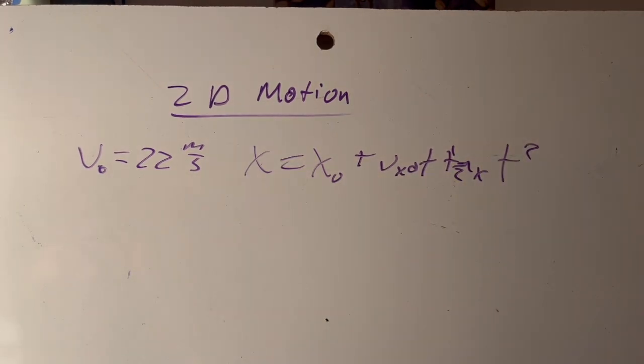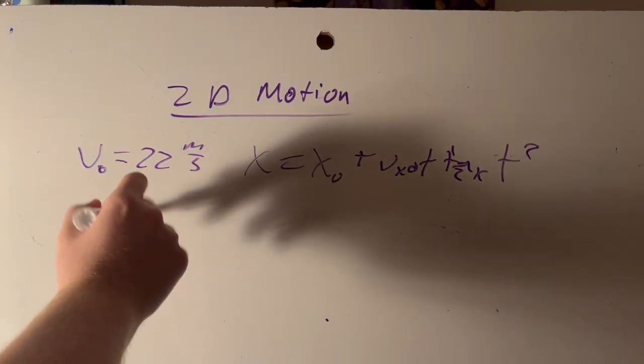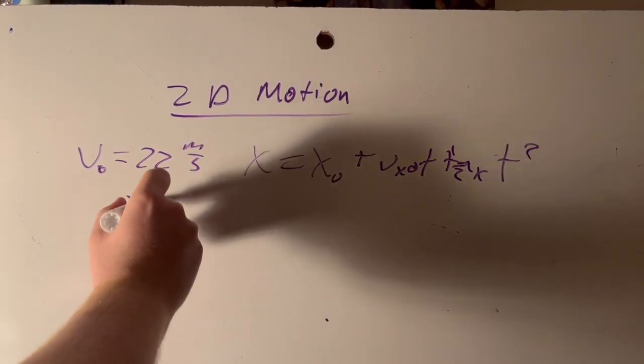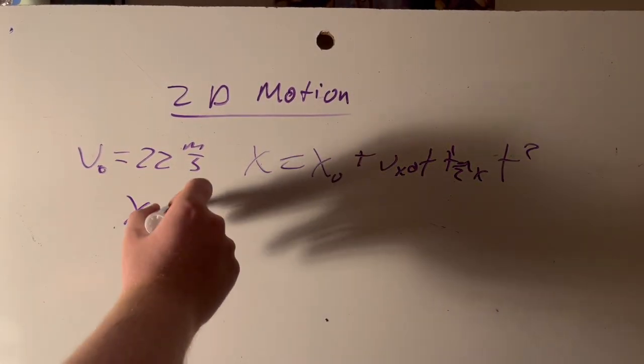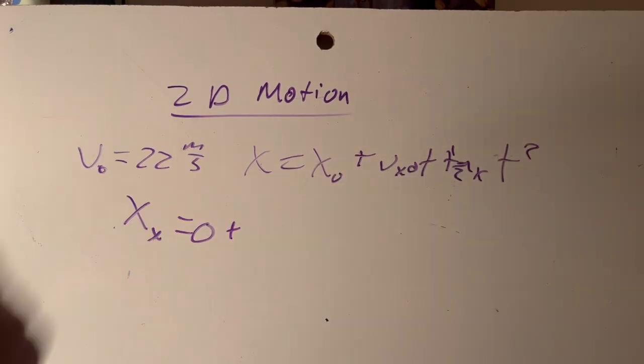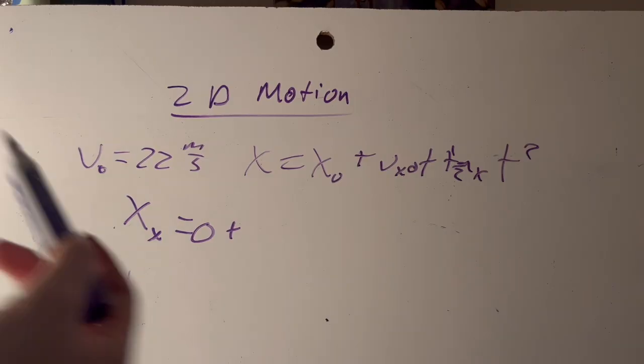So we can say our ball's horizontal final position is equal to 0 plus our initial velocity. Now, technically, it's velocity in the x direction.